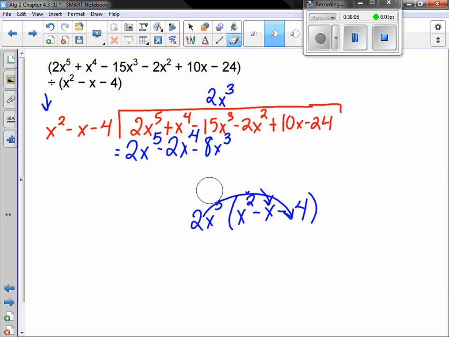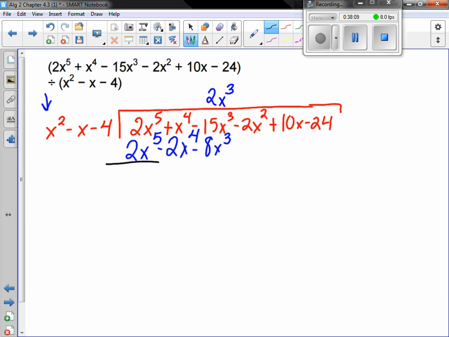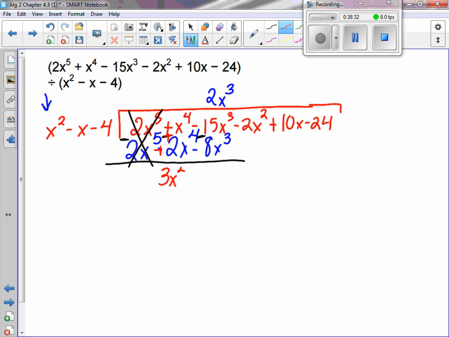Okay, so we line it up. And we're going to do what? We're going to subtract. Well, 2x to the fifth minus 2x to the fifth would cancel just like we wanted. x to the fourth minus negative 2x to the fourth. Well, a negative and negative would make a positive. So x to the fourth plus 2x to the fourth would be 3x to the fourth.